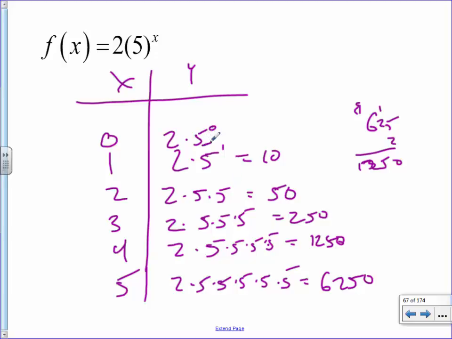Well, if you have literally no 5s, what do you have left? You have 2 left, yeah. Seems kind of odd, but 2 times 5 0 times doesn't mean it's 2 times 0. You're not timesing 2 by anything because you have no 5 to times it by, so it's just 2.